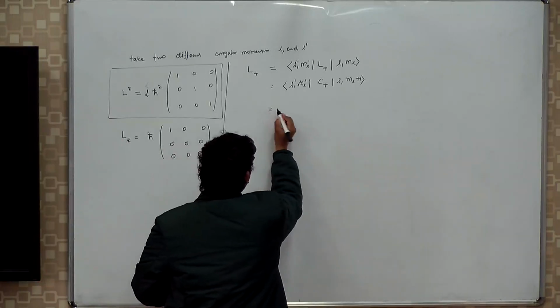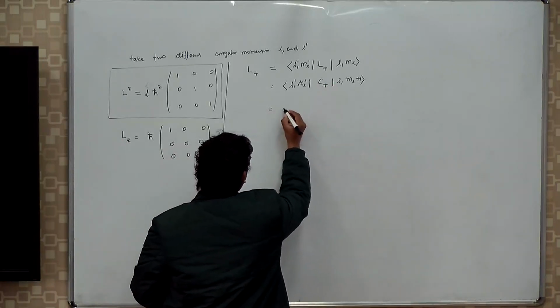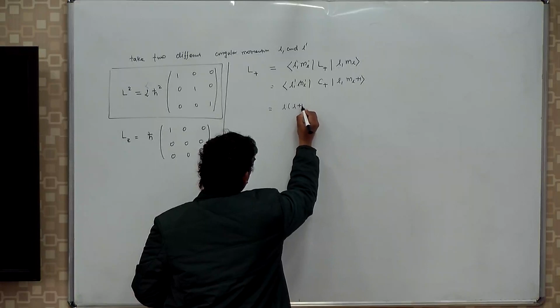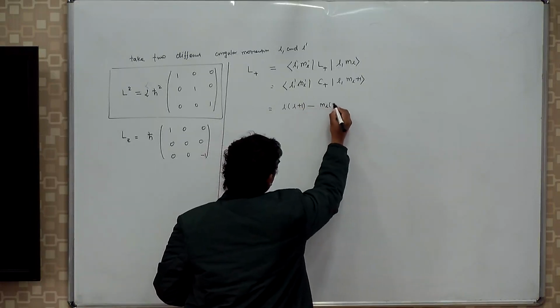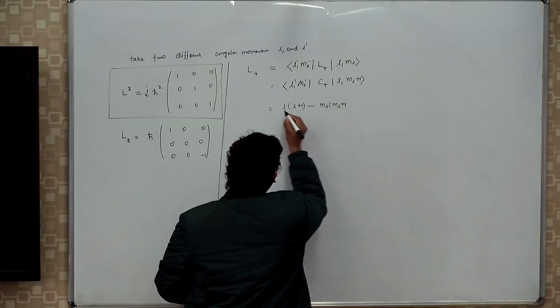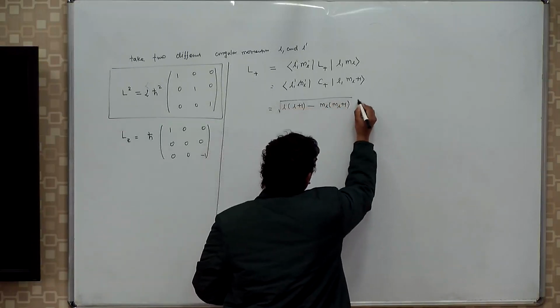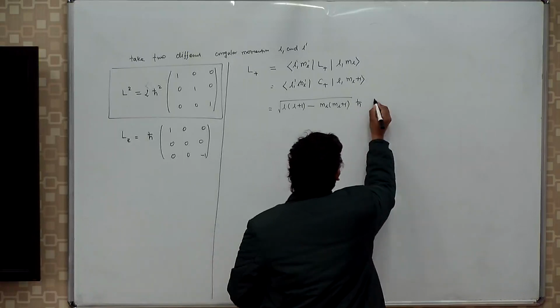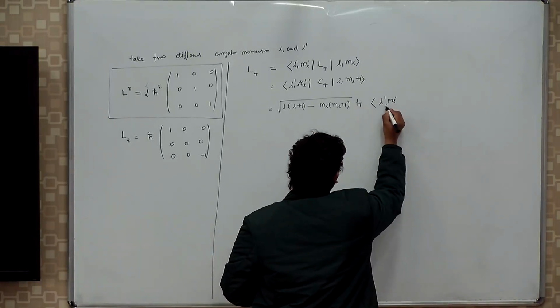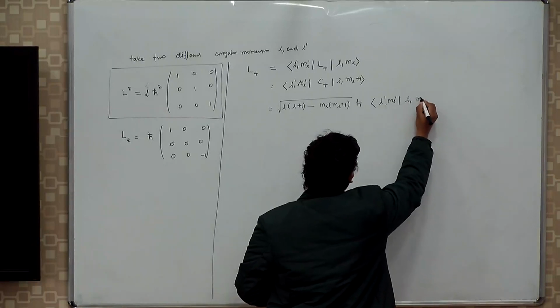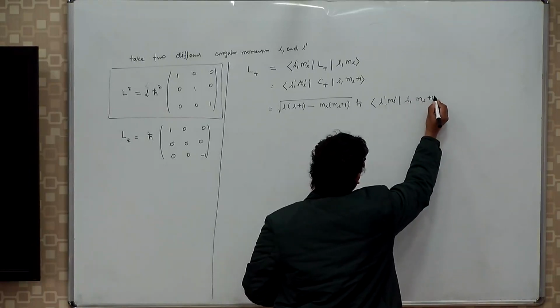The value of C plus is the square root of L(L plus 1) minus m_l(m_l plus 1), times ħ. Then the orthogonality gives ⟨L', m_l'|L, m_l plus 1⟩.